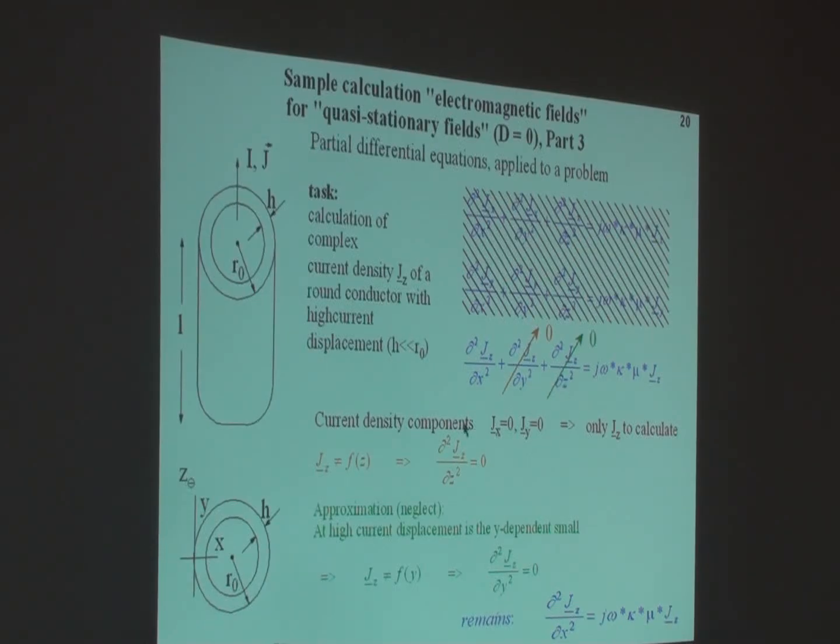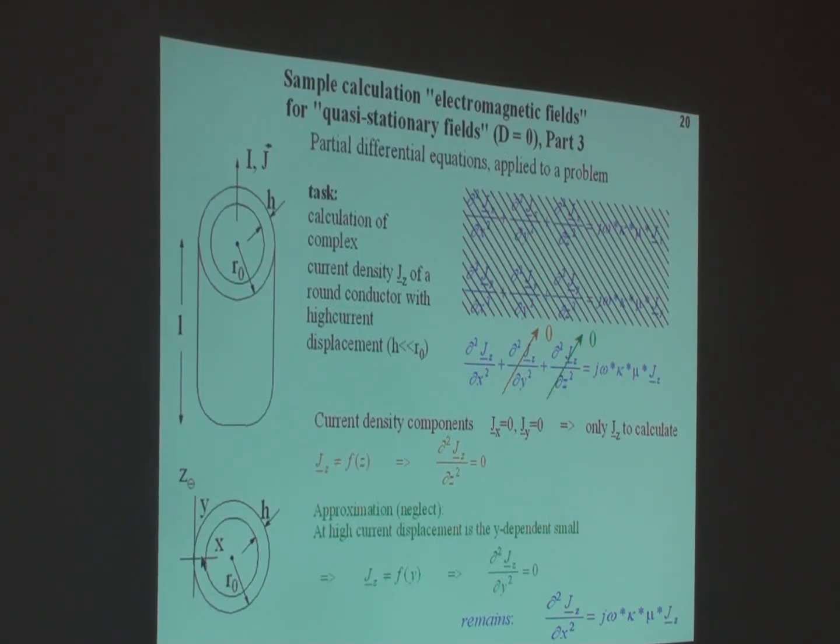Then we have no dependence in z; the derivative with respect to z is 0. And then we can calculate something. In y, we have only a small dimension compared to the skin depth.